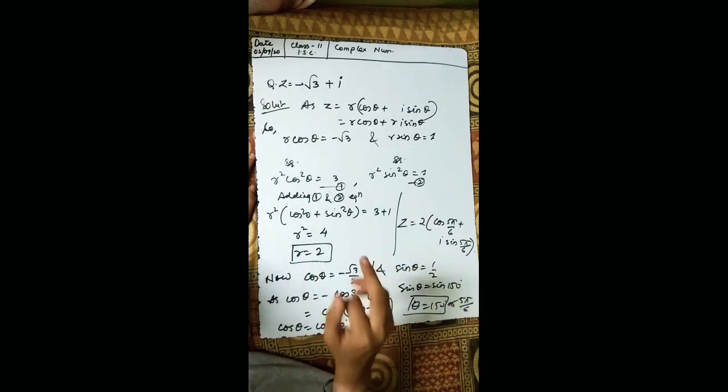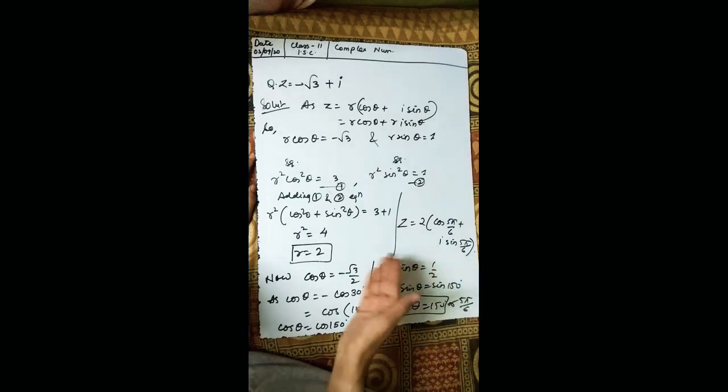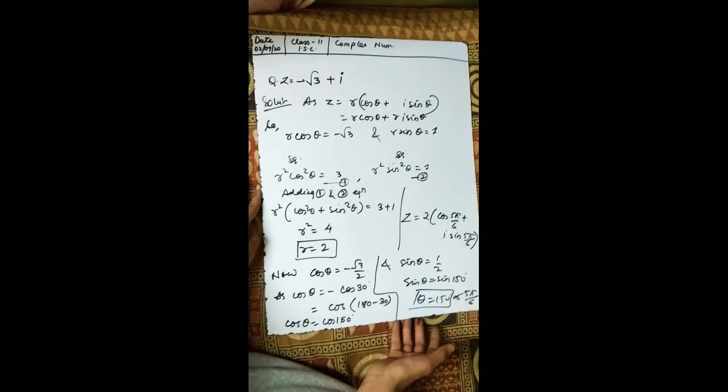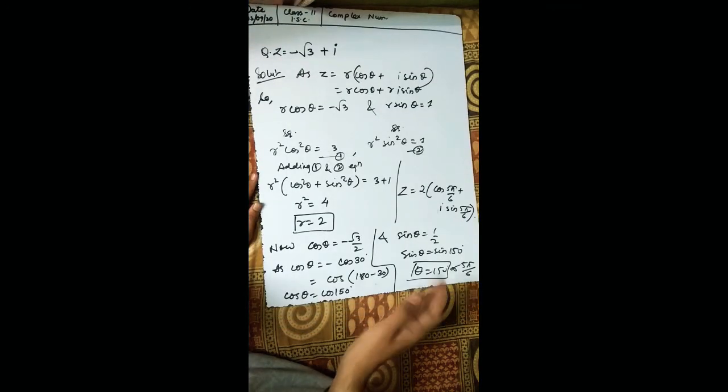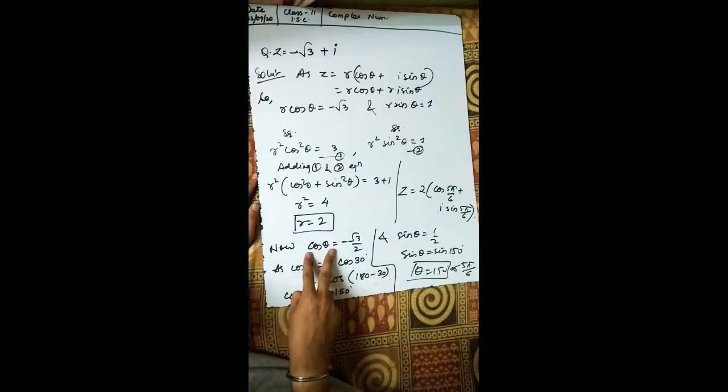What is the other condition? The other condition is theta lies between minus pi to plus pi, or minus 180 to plus 180 degrees. So that means you have to include 180 also, but not minus 180. Now cos theta will be what?